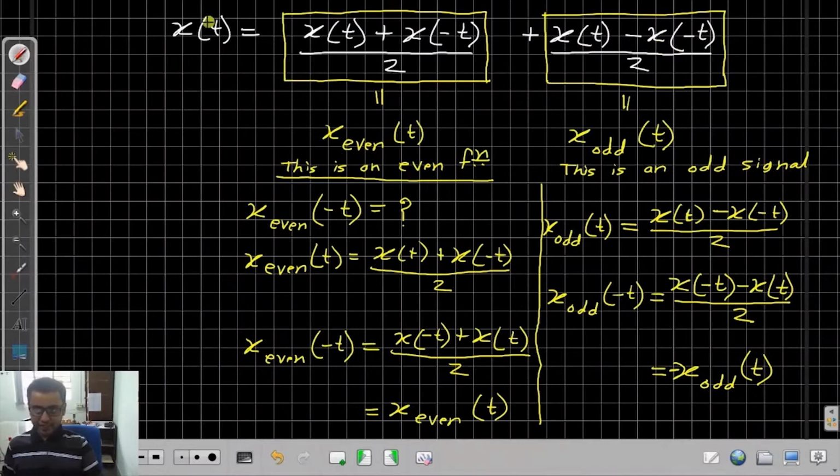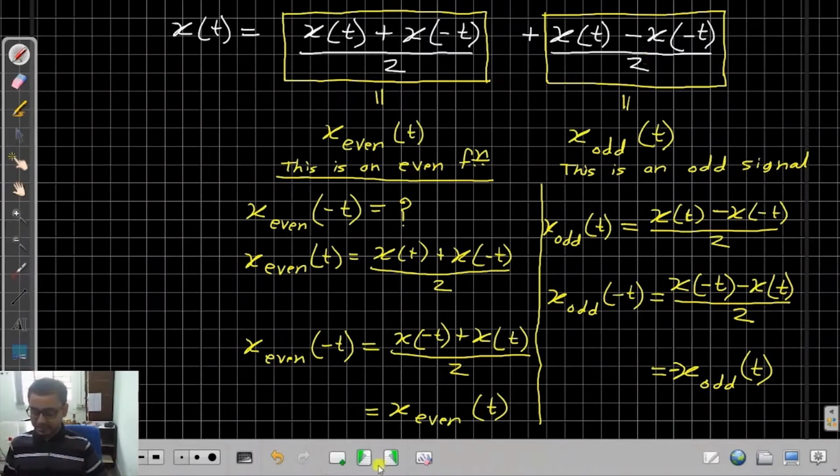Therefore, given any signal, odd or even or anything, it can always be broken into a sum of an even component and an odd component. This is a very useful trick, useful theorem, useful result that you must remember.